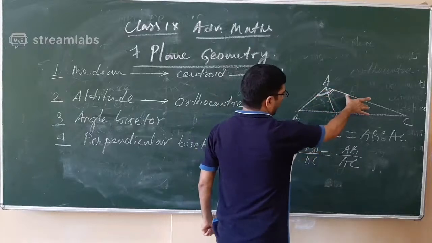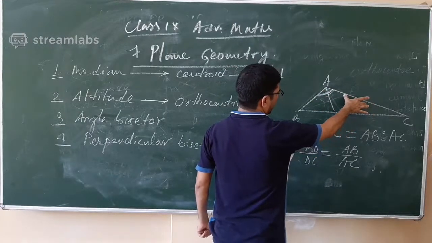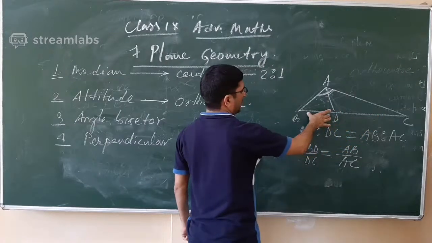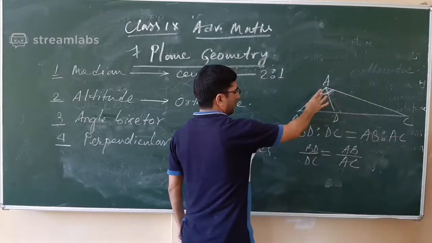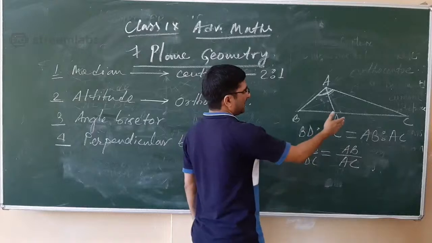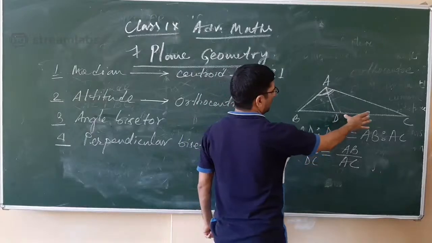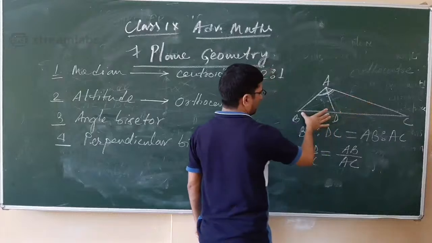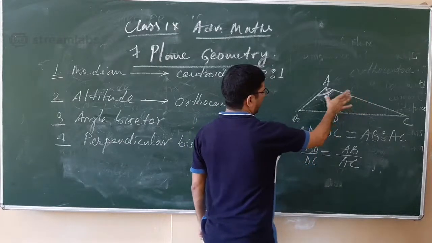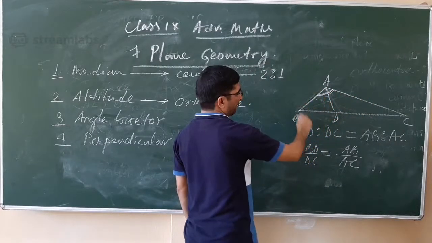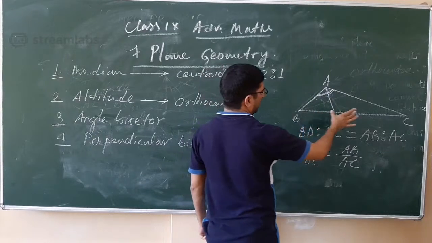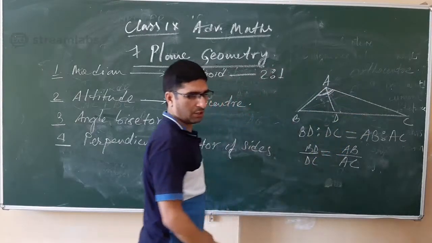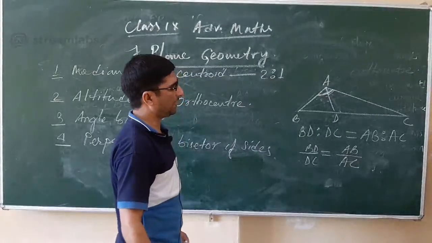If I start from DC, then DC by BD is equal to AC by AB. That means the sides will follow the part which we take first. Same thing. This is the angle bisector.